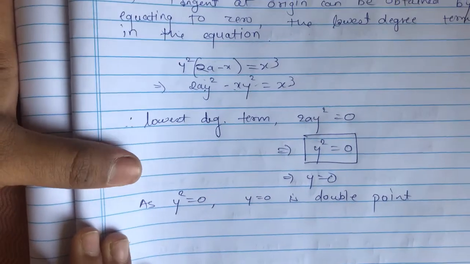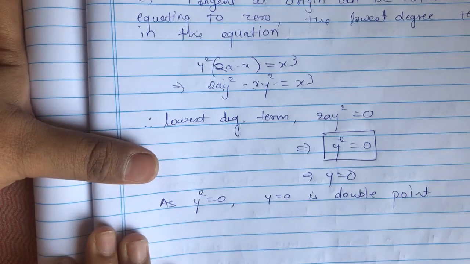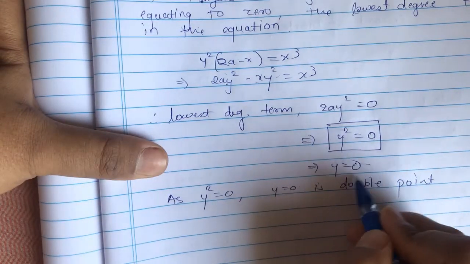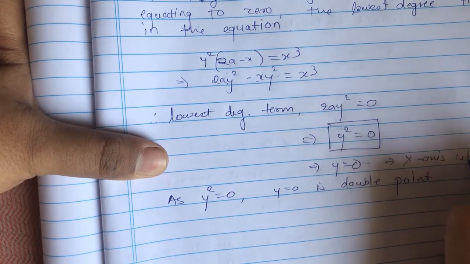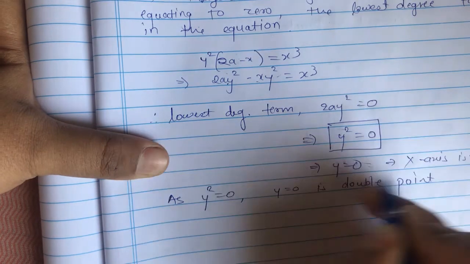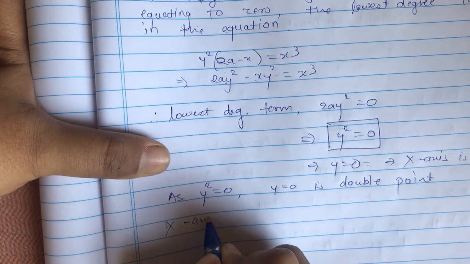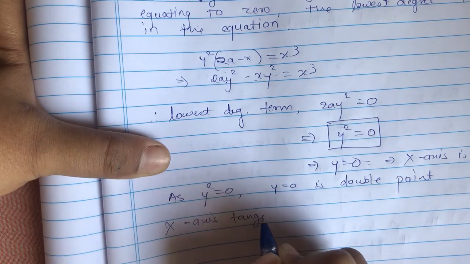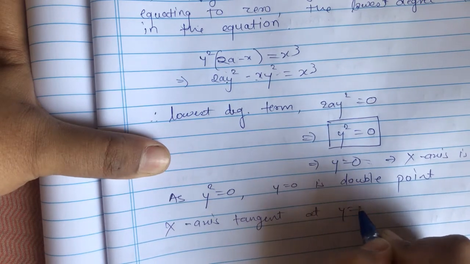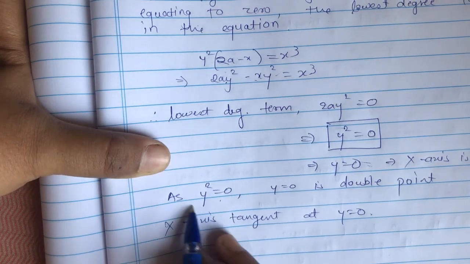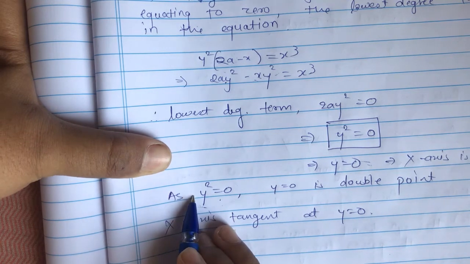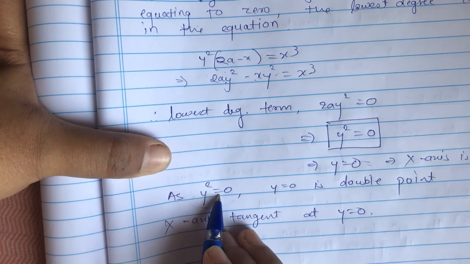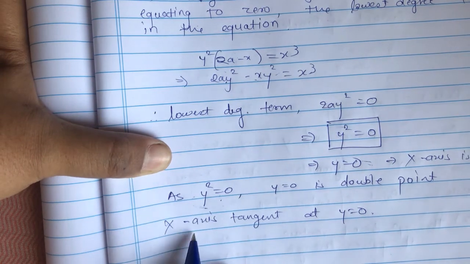Now it is a double point, so we need to find whether it is a cusp. Y equals 0 means the x-axis is the tangent. Since it is a double point, two branches of the curve pass through this point, but the tangent is only one.